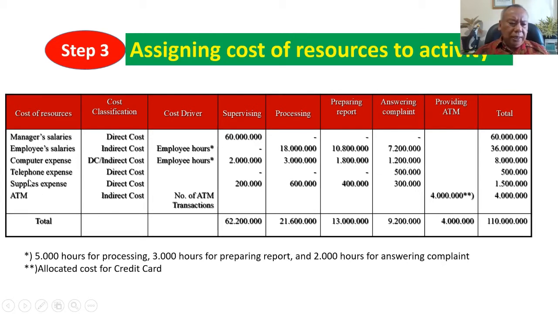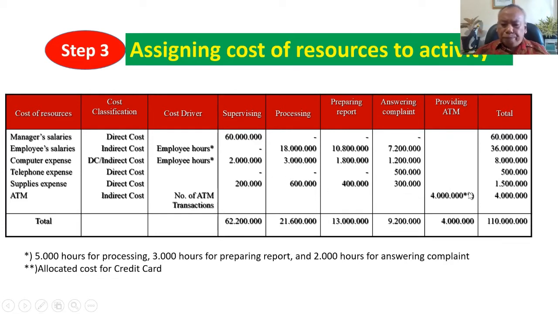And then the telephone expense, we assume that it's used only for answering complaint, so we can classify the telephone expense as a direct cost, and this cost can be directly assigned to answering complaint. The supplies expense, because we can easily and accurately trace it to each activity, we can classify this as direct costs. So actually it's already given.